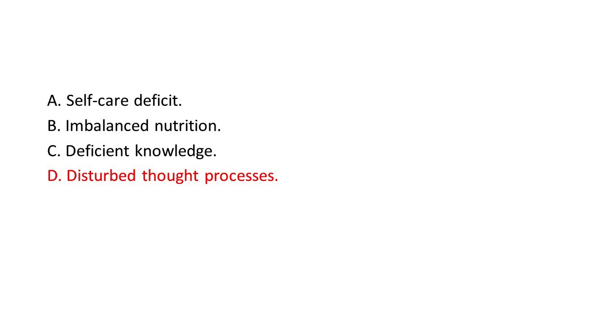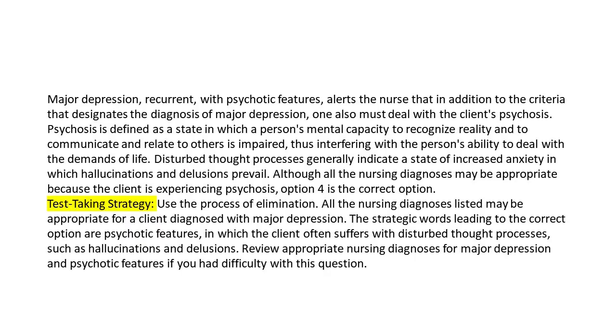Disturbed thought processes. Major depression, recurrent, with psychotic features, alerts the nurse that in addition to the criteria that designate the diagnosis of major depression, one also must deal with the client's psychosis. Psychosis is defined as a state in which a person's mental capacity to recognize reality and to communicate and relate to others is impaired, thus interfering with the person's ability to deal with the demands of life.